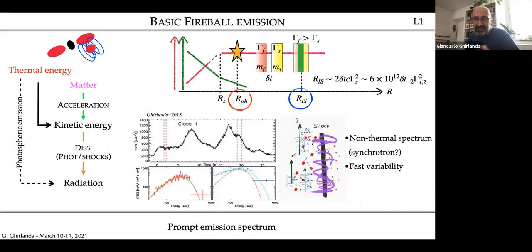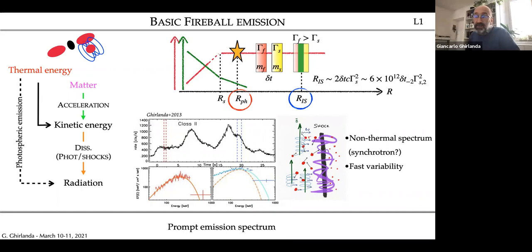So this slide is basically the same as before. I just wanted to show you that there are two possible emission components during the prompt: one at the photosphere, and the other through the shocks. They are quite different in terms of spectral shape. At the photosphere, we should expect a thermal or quasi-thermal black body, whereas shocks are places where you can accelerate particles and where a large magnetic field can be amplified, so the emission that comes out is non-thermal, probably synchrotron.